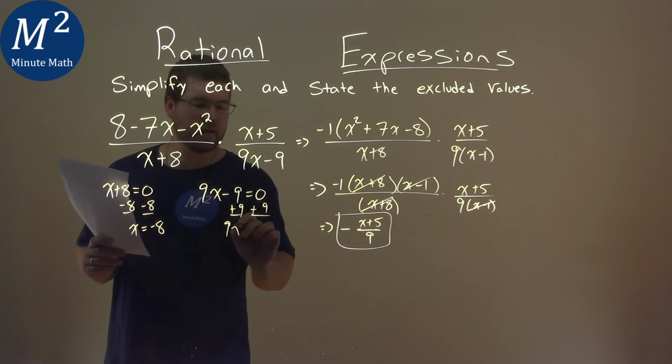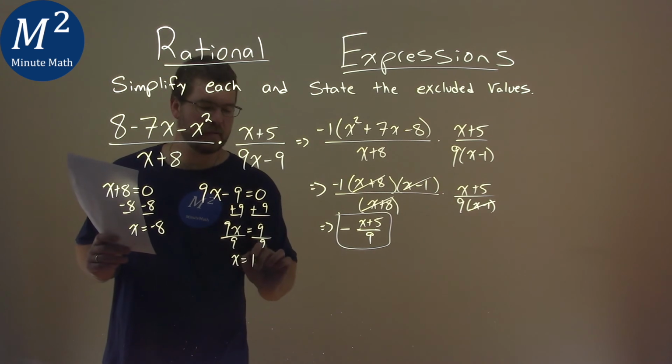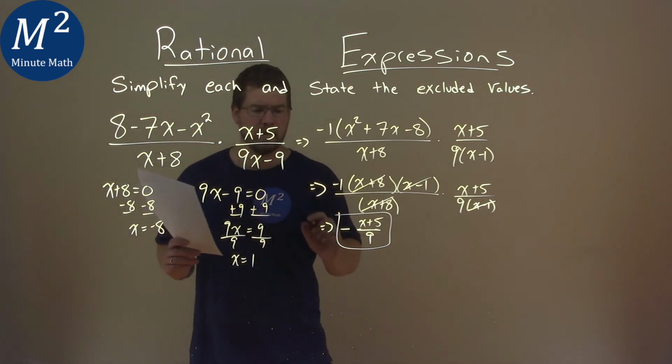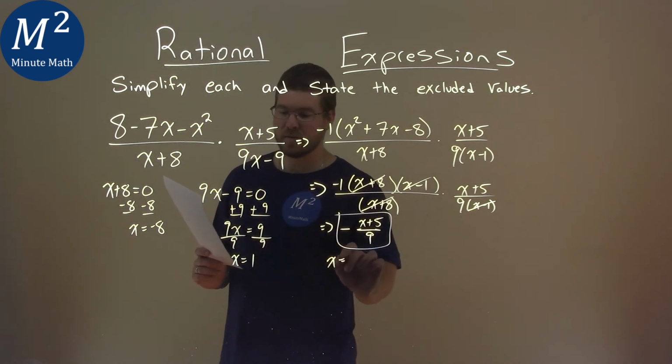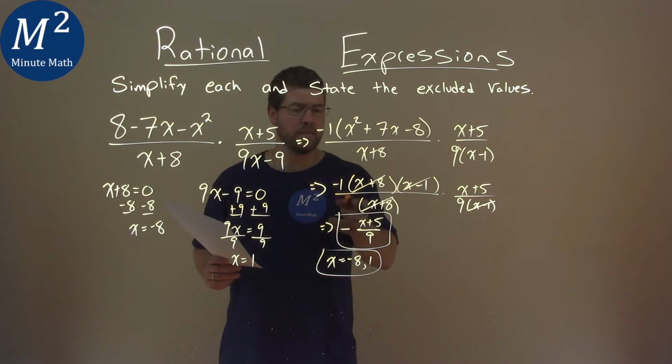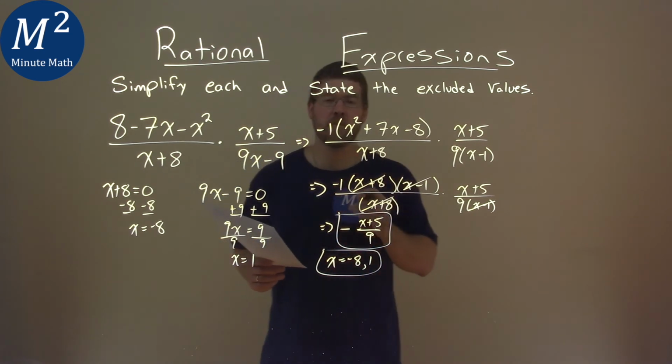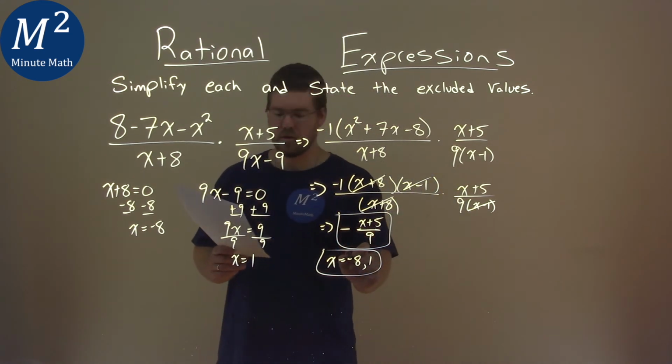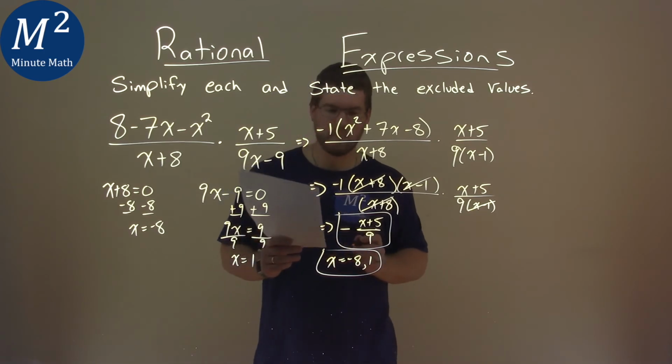So we have 9x equals a positive 9. Divide both sides by 9, and x equals a positive 1. And so my two excluded values are x equals a negative 8 and a positive 1 here. And so again, my final answer, simplified, is a negative, then the x plus 5 over 9, and our excluded values are negative 8 and a positive 1.